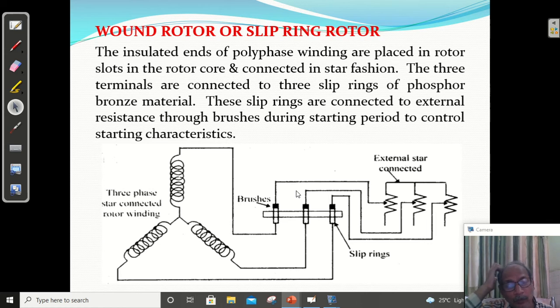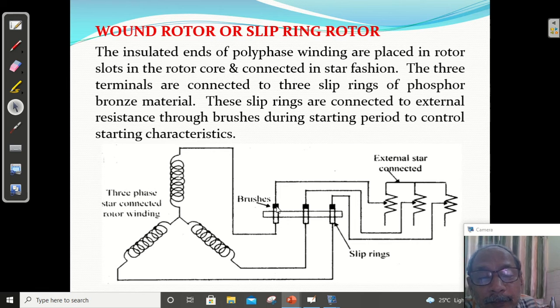Now, second motor we have, that is the phase wound type or slip ring type induction motor. Always in case of slip ring induction motor, the winding will be star connected because you have to insert additional resistance, right? So you can insert additional resistance through the brushes.